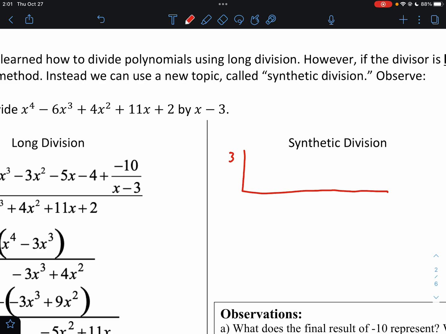We'll get to some of those later. All these degrees are here, so 1, -6, 4, 11, and 2. Fourth power, third power, second power, first power, 0 power. I'm going to put a little box right here to remind me that this is the remainder right there.